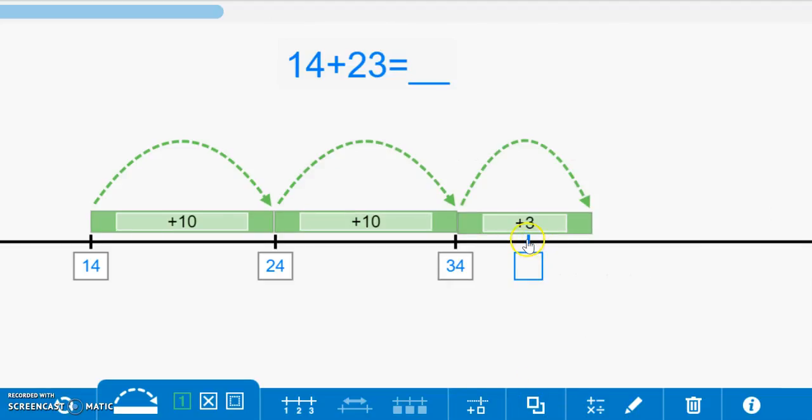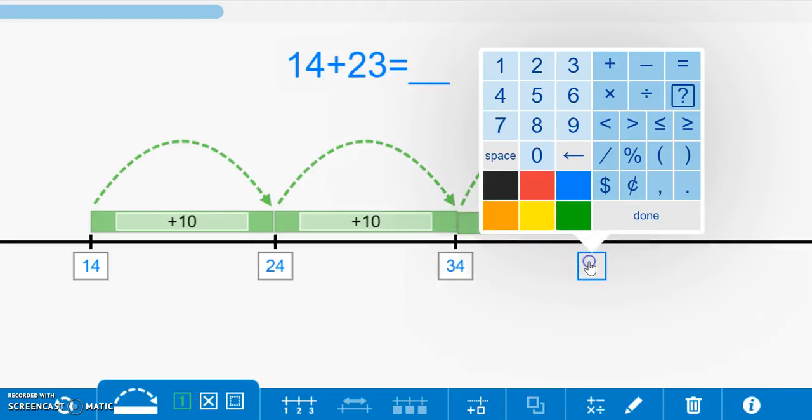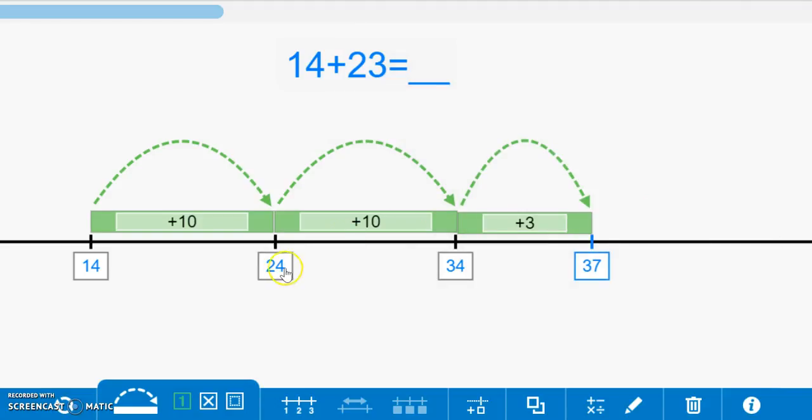And if I was at 34 and I add 3 more to it, I am now at 37. I'm going to go back and check, did I make the right number of hops? I have 10 plus 10 more is 20 plus 3 more is 23. I have hopped 23 hops.